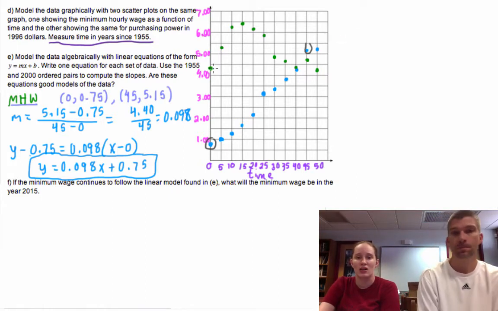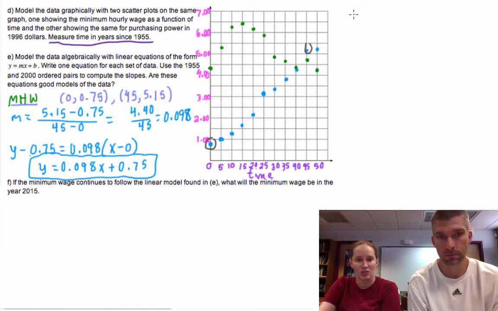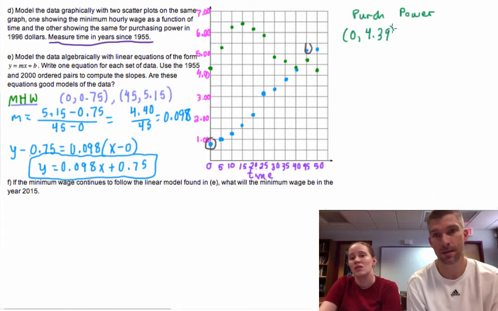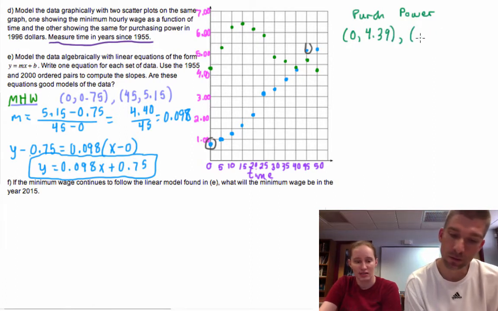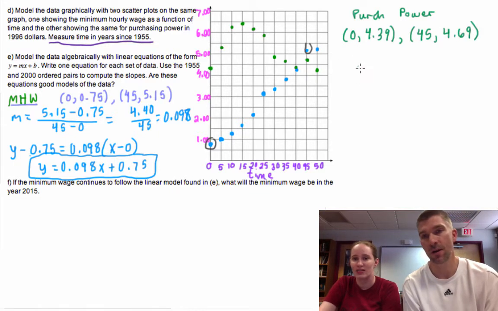Right. And now if we do the same thing with our green data here, which is the purchasing power, and we use the first data point, which is 4.39, and the 2000 would be 4.69. I don't feel like that's going to be a very good representation.